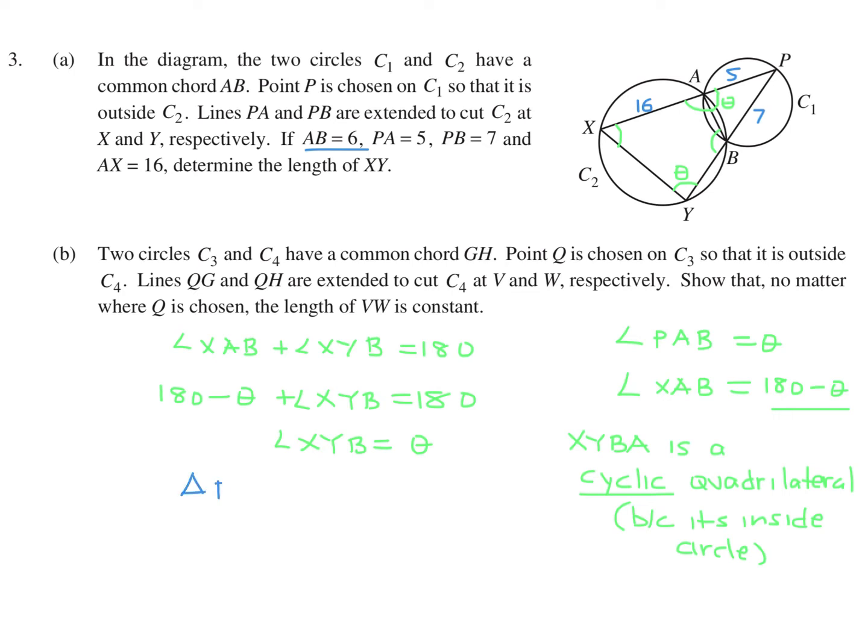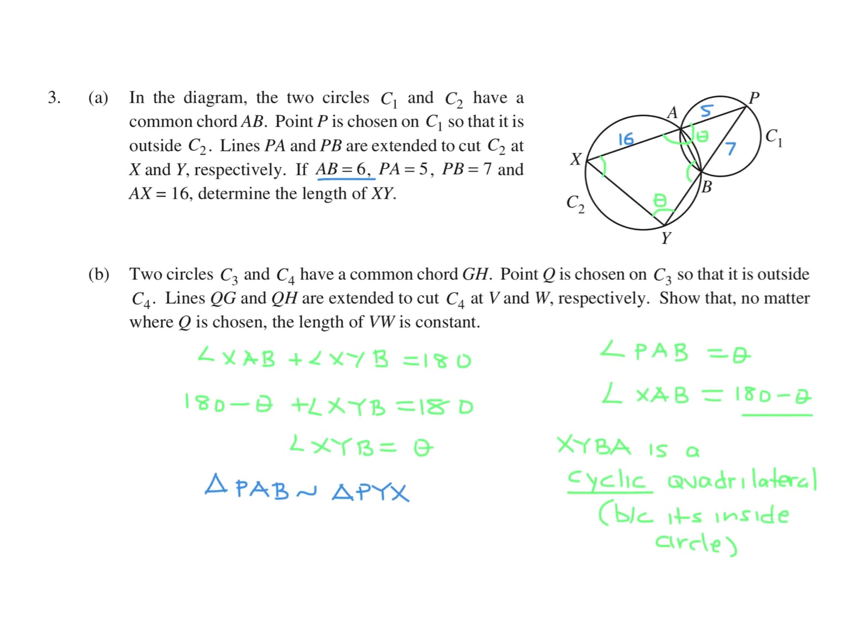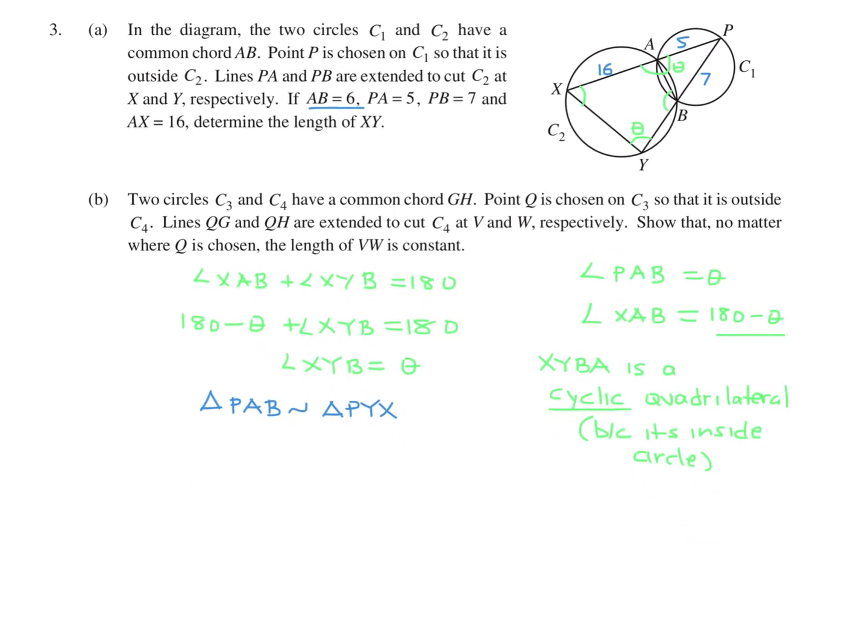Triangle PAB is similar to triangle PYX. Now, I'm going to prove it by drawing both of them. Sometimes it's not as clear, so I'm going to draw them both. Let's draw triangle PAB.